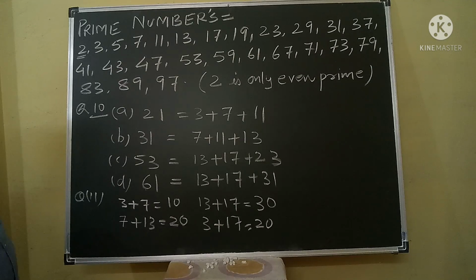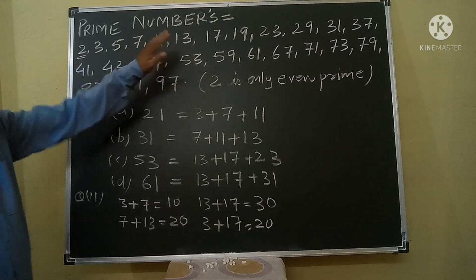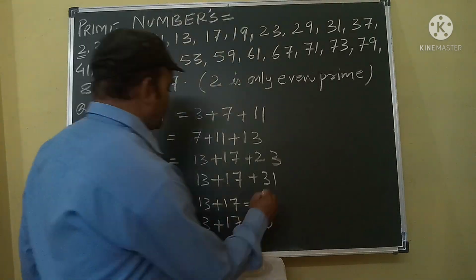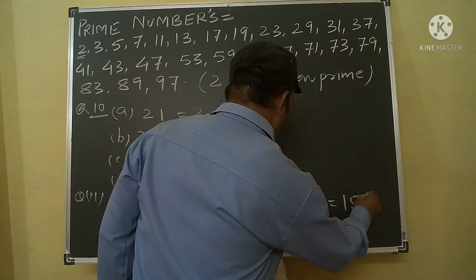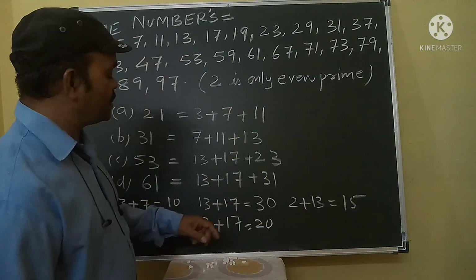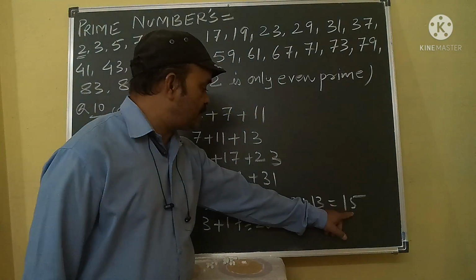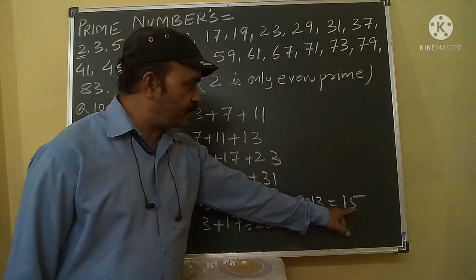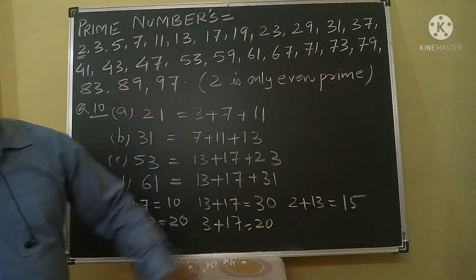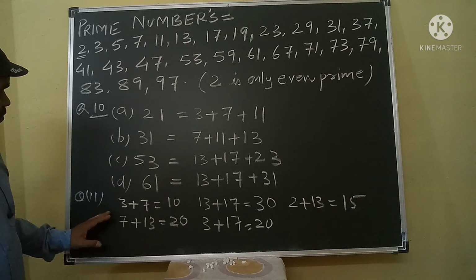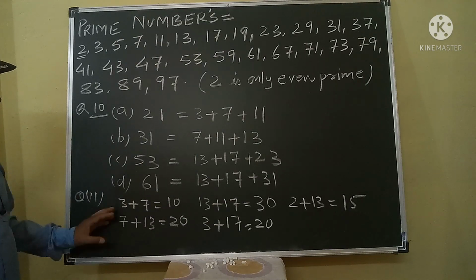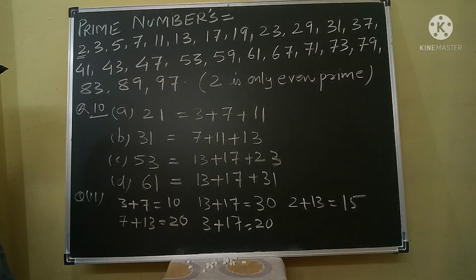Then your next pair is 2 and 13. 2 plus 13 is equal to 15, and 15 is divisible by 5. So my dear student, this is the required answer of question number 11.